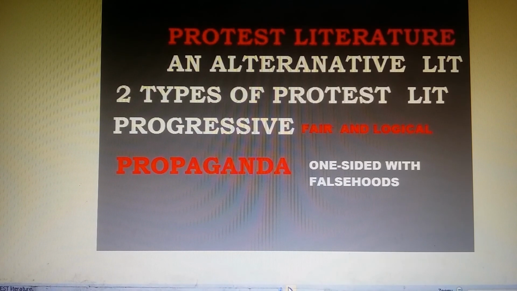One is the progressive, which shows a fair and logical presentation, while the other one is propaganda. It's one-sided, with falsehoods to show a propaganda that this ideology, that this party is the best.